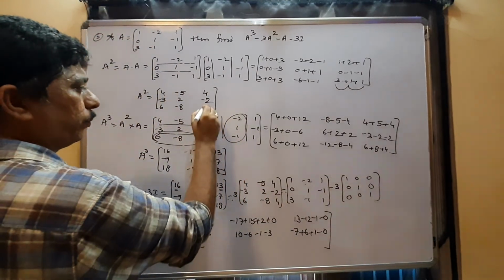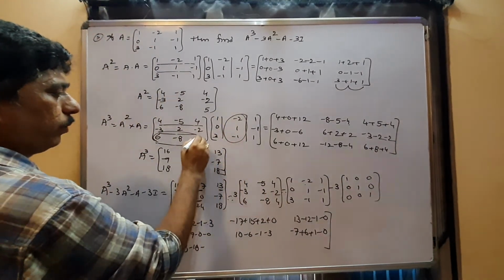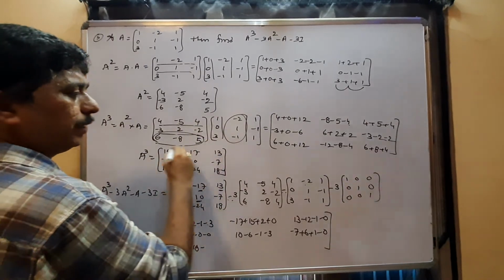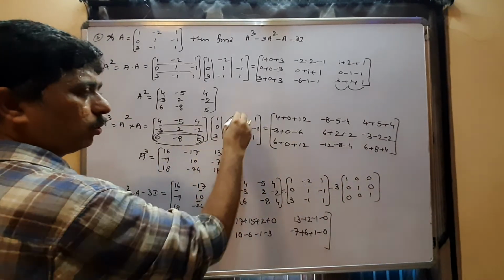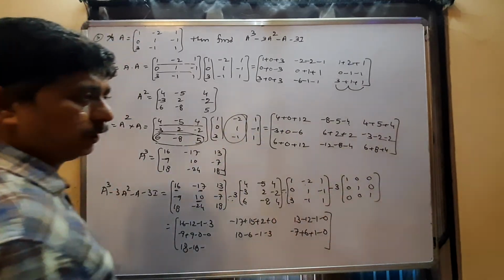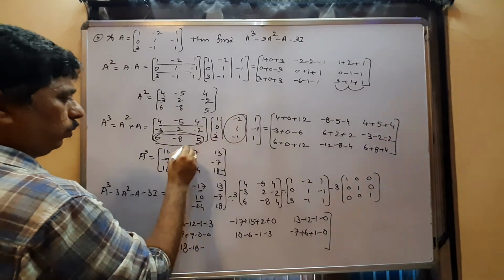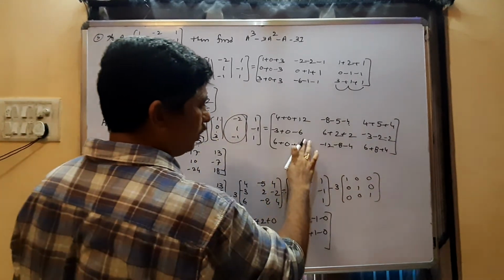So this is the 5. Now the mistake happened in the third row, so you can change the third row, first column, second column, third column. Third row into first column: 3, 6, 0, 5 into 3, 15. This is the 15.